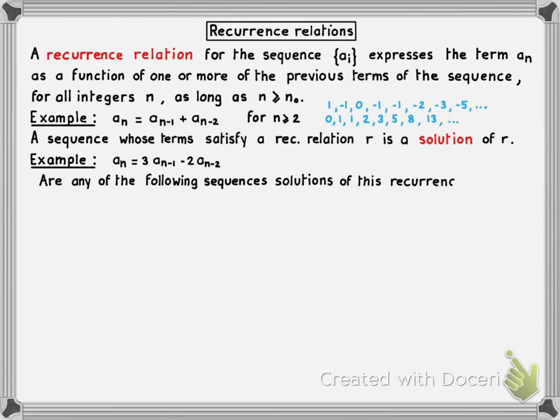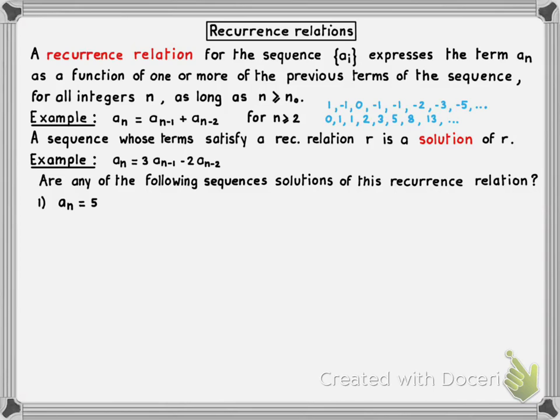So the question now is, if I give you a sequence, can you check if it's a solution of this recurrence relation? So I'm going to give you several examples now to work on. The first sequence I want you to consider is the constant sequence a sub n is equal to 5. Is this sequence a solution of this recurrence relation?